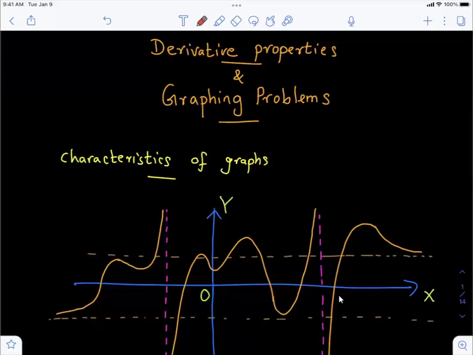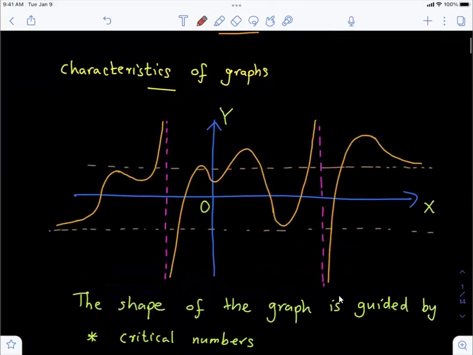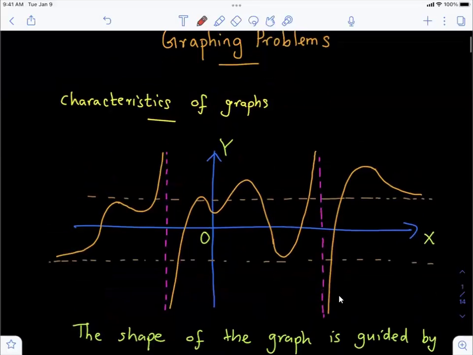All right, so to begin with, let's look at a few graphing properties, or a few characteristics of graphs. Usually in applications, we will be given an expression, a function in terms of variables that could appear from a real world scenario.